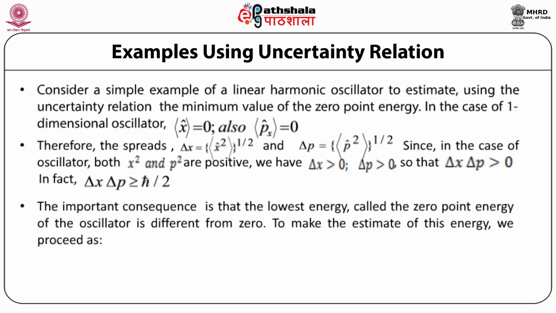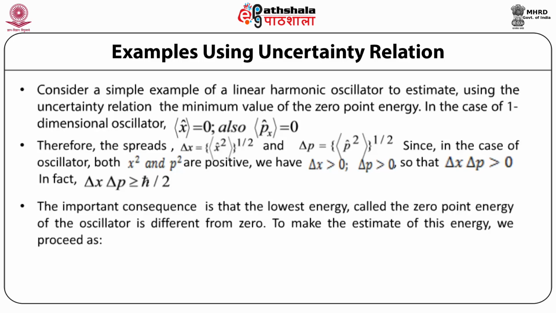Therefore, the spread delta x is equal to the square root of the expectation value of the square of the operator x, and delta p is equal to the square root of the expectation value of the square of the operator p.